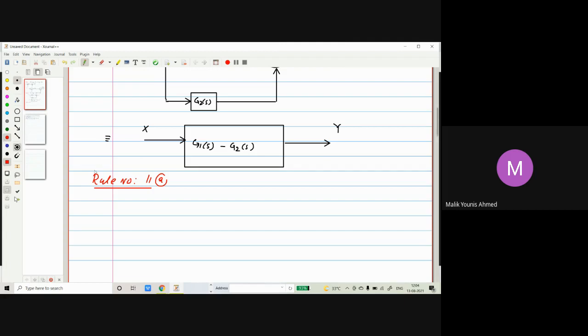Now let me draw again the block diagram.